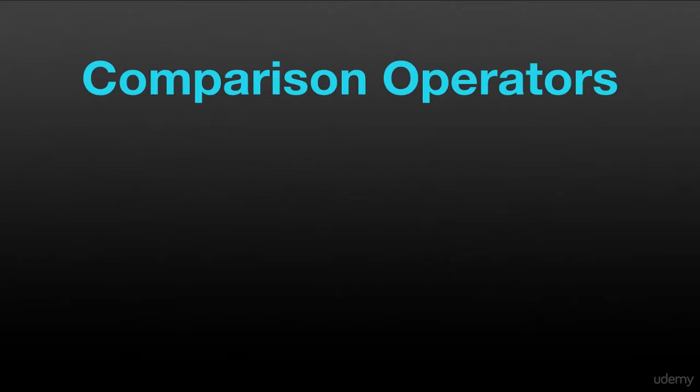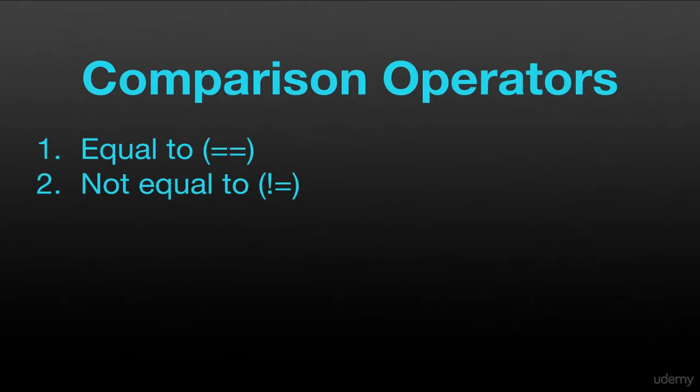The comparison operators we're going to be looking at are the following. Equal to. Notice here we have a double equal sign. We'll be able to distinguish this from the assignment equals, which we've been using to assign things to variables. The next one is not equal to.